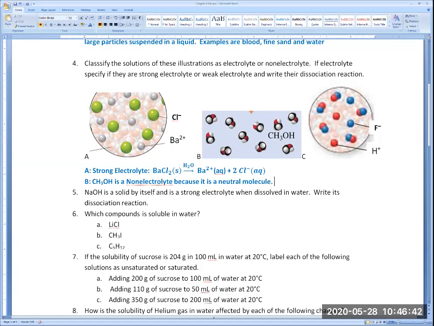We don't have to write the dissociation reaction, but in water, it would be aqueous. So let me just do something.